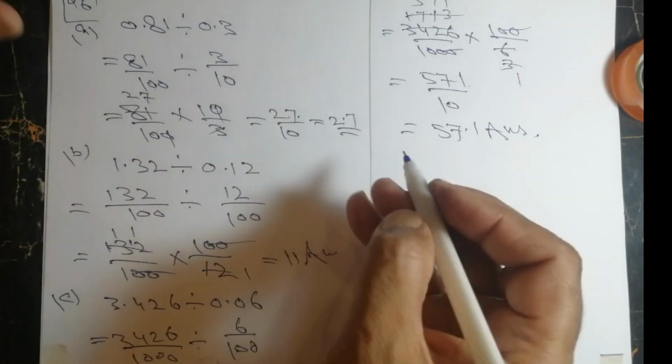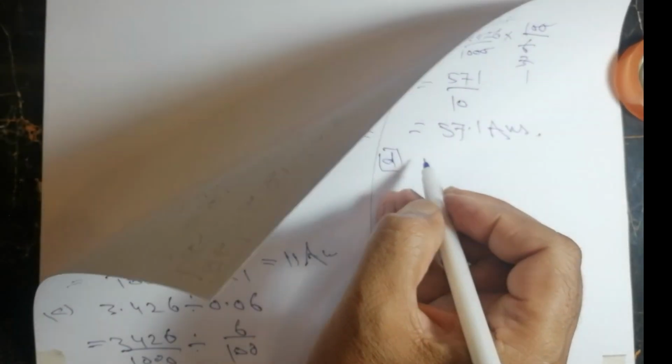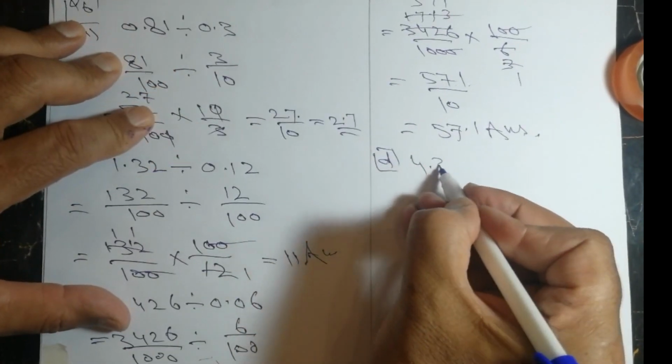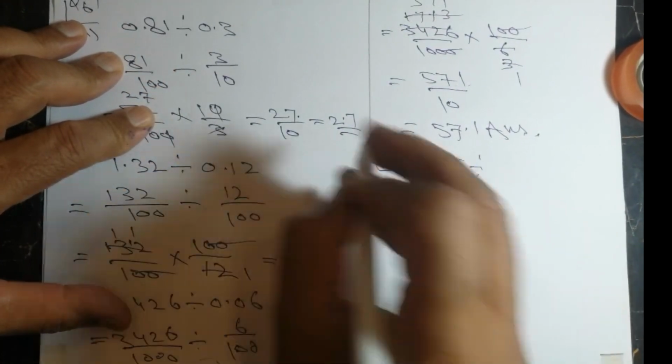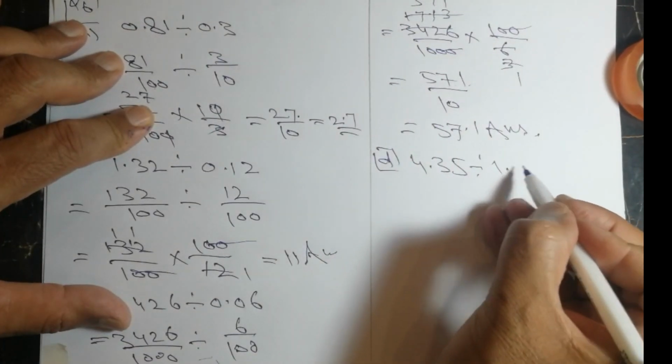Now part D of this question, 4.35 divided by 1.5.